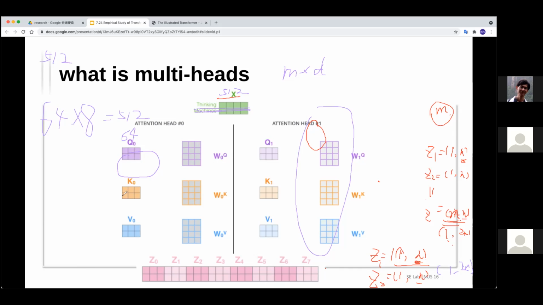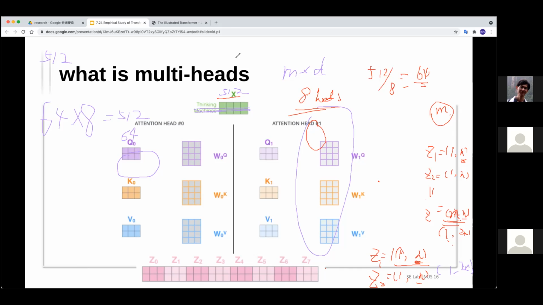Okay, I got it. So basically, we design a multi-head. We first split. For example, if we want 8 heads, we divide 512 by 8, so that we have 64. So in this case, the query dimension is 64, so that we can match the 8 heads.